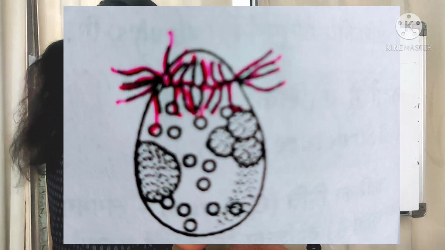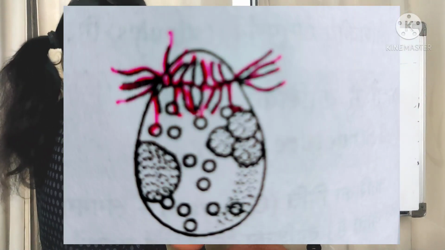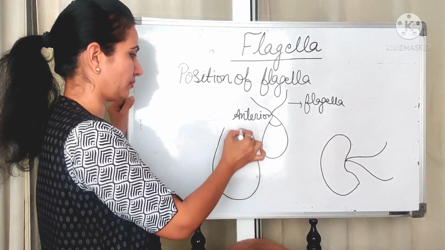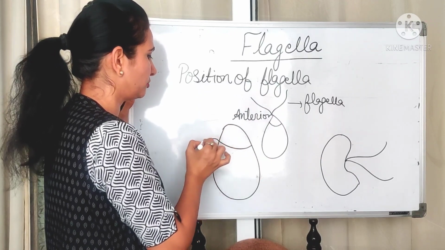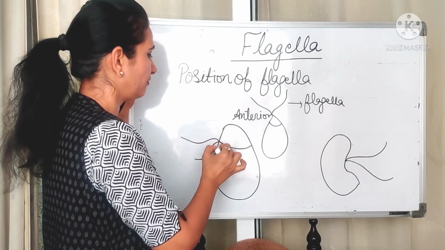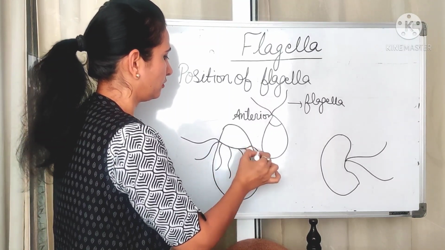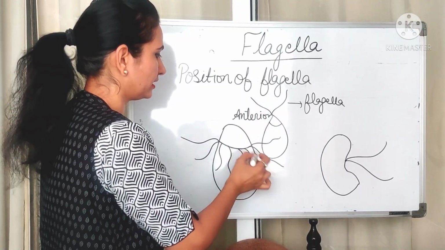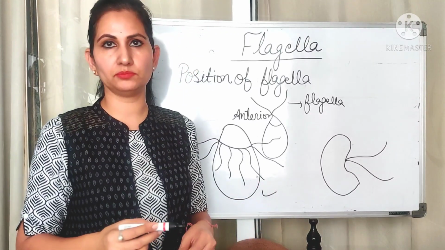Last is the subterminal position of the flagella and its example is Oedogonium. In Oedogonium, here I am making the diagram. This is the subterminal situation, and flagella are arising from the subterminal condition. So these are the flagella and they are many in number. So it's the example of Oedogonium.